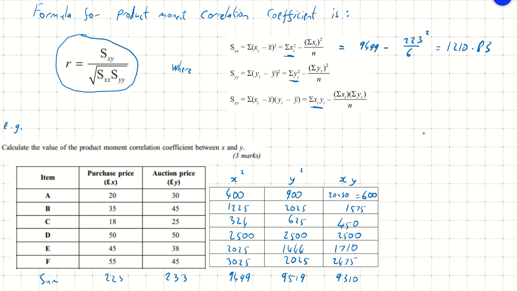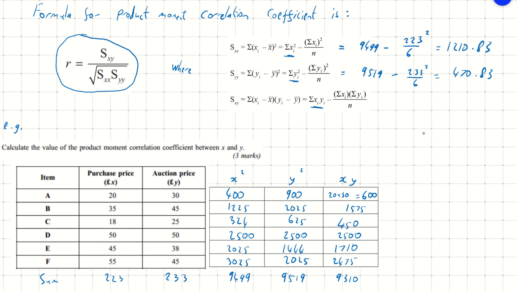1210.83. Okay, we're going to do the same for SYY. Now the sum of y squared from my table is 9519. So then I have to take away the sum of y, which is 233, squared divided by 6, which gives me 470.83.